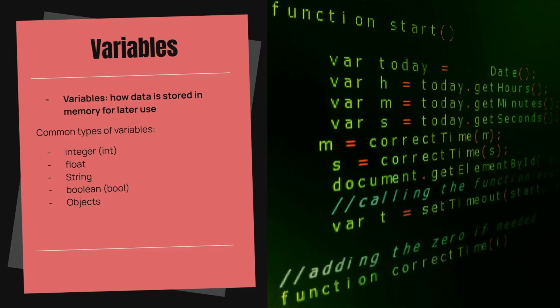Objects are made up of two components, typically properties, which is data, and functions, which are actions. The properties of an object can be made up of any of these other types of variables or also other objects themselves. The object keeps track of its own data and its own functions, and it does what it needs to do.